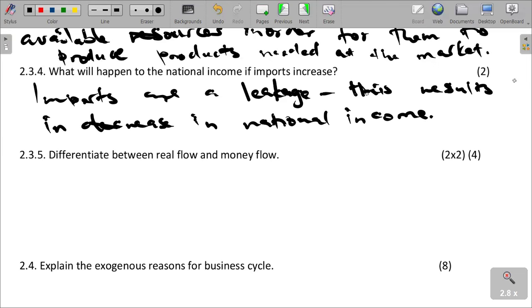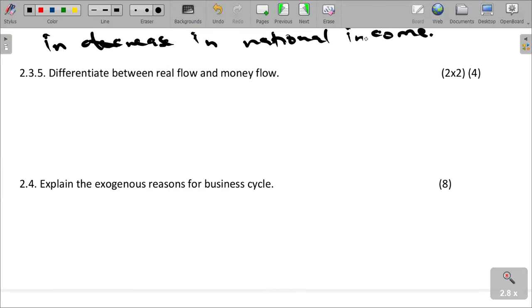As we take our money out, there is a decrease in national income. That is one key thing that needs to be understood there.